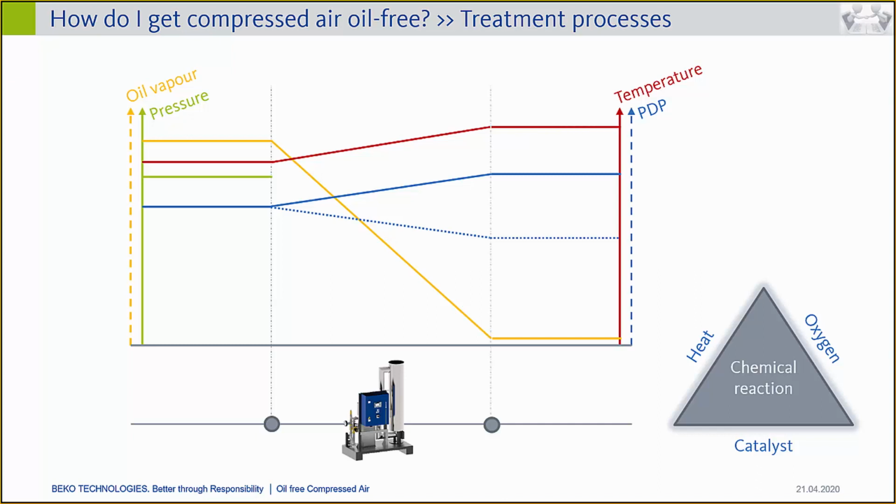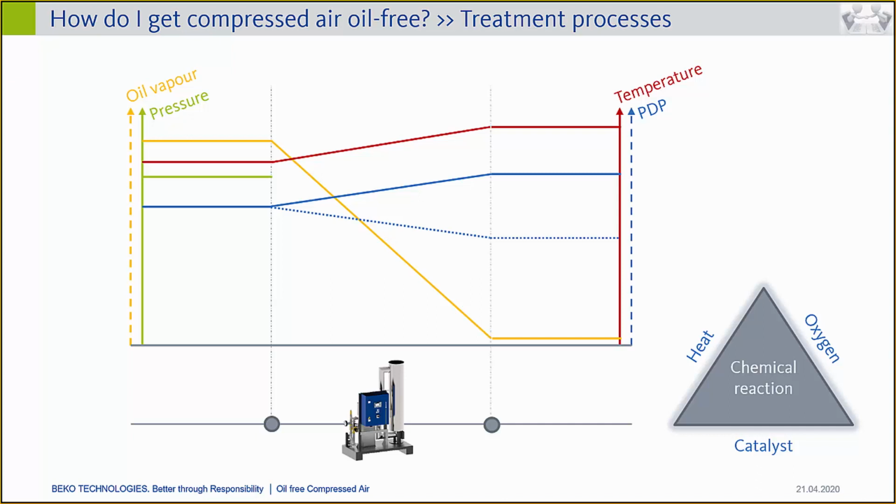So what about temperature? Of course, because there is a heating system integrated, and also the chemical reaction is an exothermal process, that will all impact the increase of temperature.